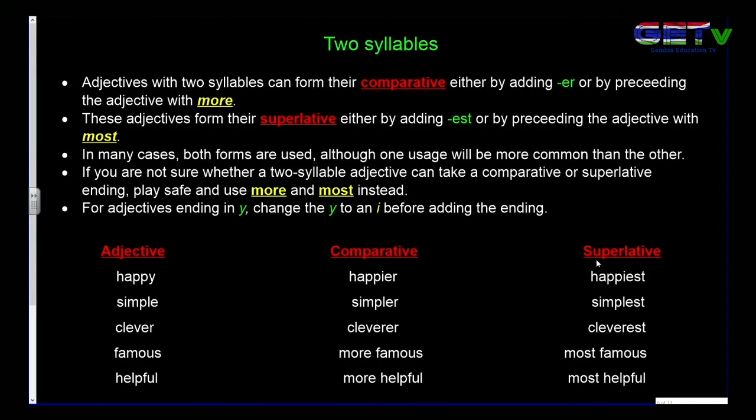Adjectives with two syllables can form their comparative either by adding ER or by preceding the adjective with more.